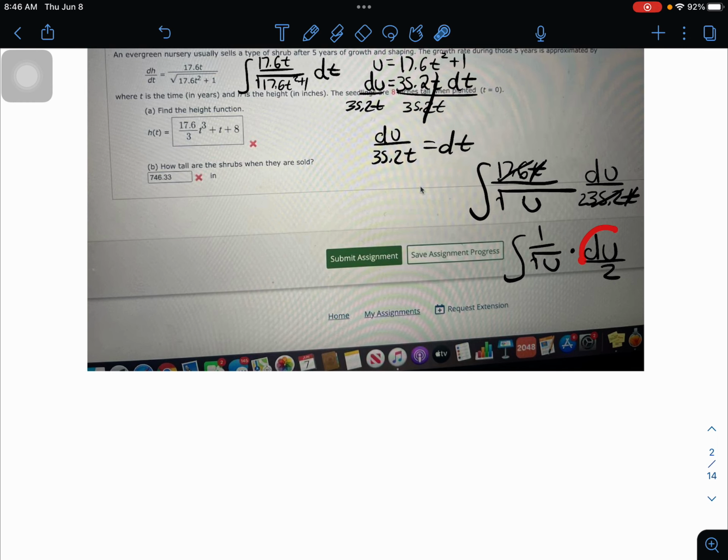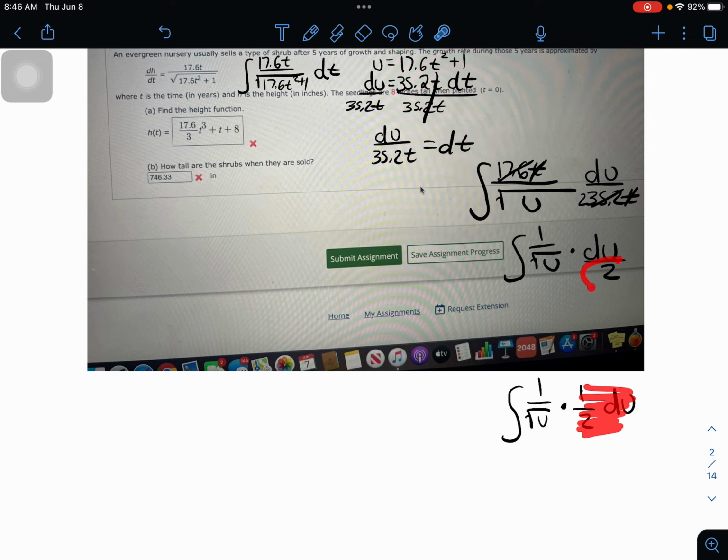Now let's look at this part right here. du divided by 2. I'm going to rewrite that. We still have 1 divided by square root of u. But if I divide something by 2, it's the same as multiplying by 1/2. So that's 1/2 du.